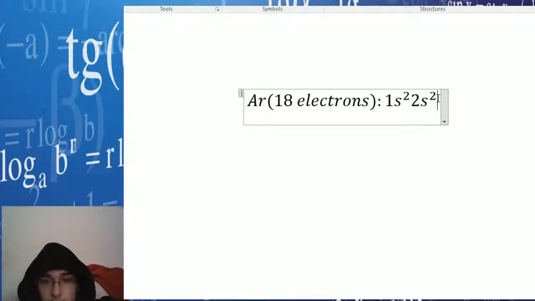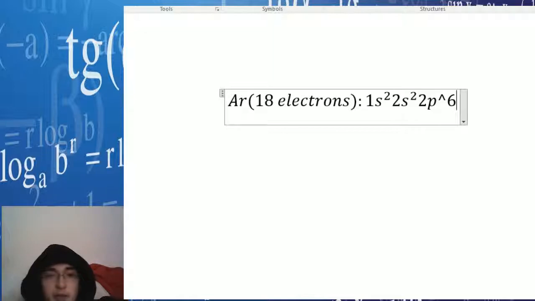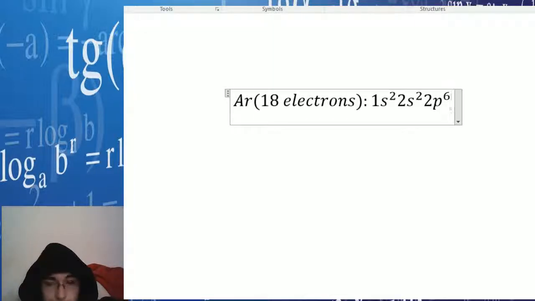Then you have the growing L, so L will go to 1, but the letter associated with L equals 1 is p, and p can actually handle 6 electrons. Magic, because I can't explain it very easily, but with the quantum case, you have just 3 more in this orbital.